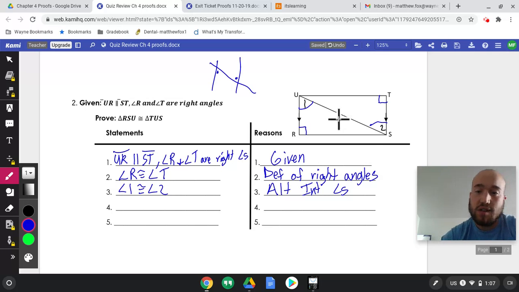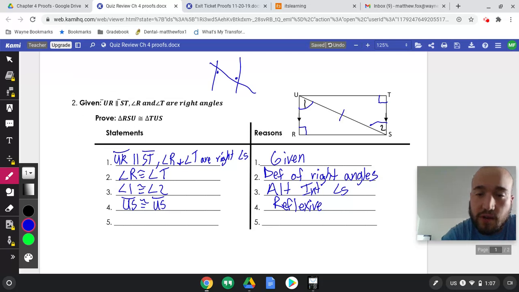And hopefully you see right here in the middle, this side from U to S or S to U is part of both triangles. Anytime that is the case, US will be congruent to US because of our reflexive property. It is part of both triangles. It's the same length whether it's part of the top or the bottom. So now finally we can put this.